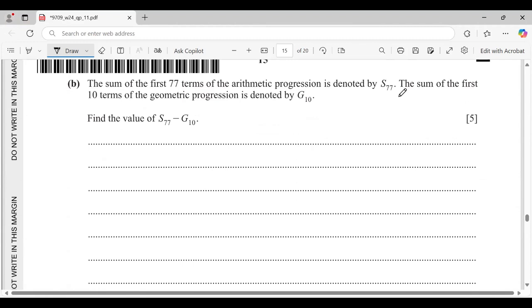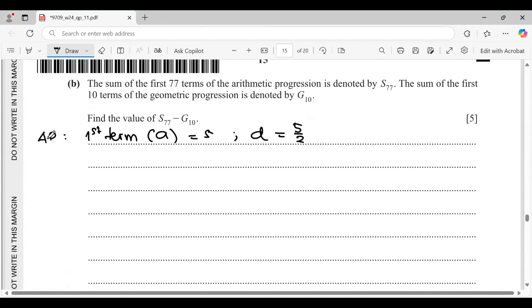Find the value of S77 minus G10. For the arithmetic progression, the first term, or a, is 5, and the common difference, or d, is 5 half.